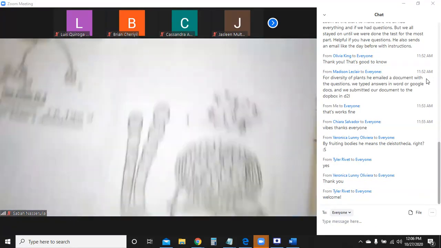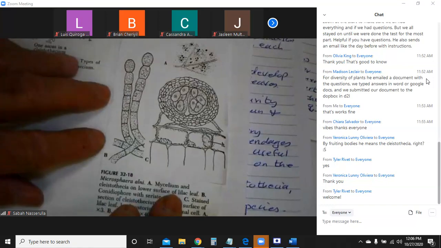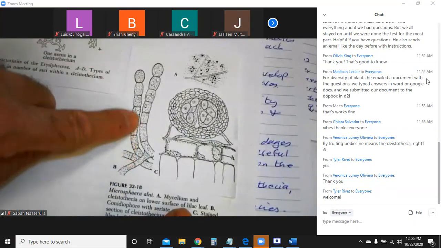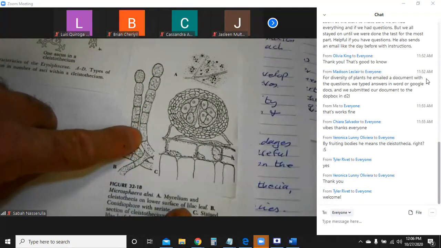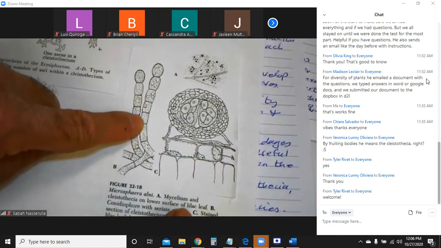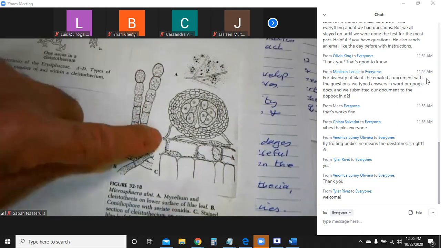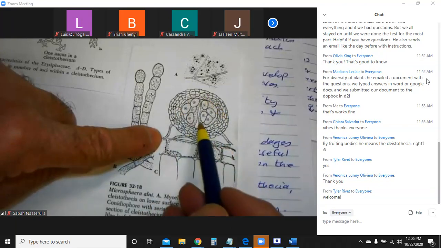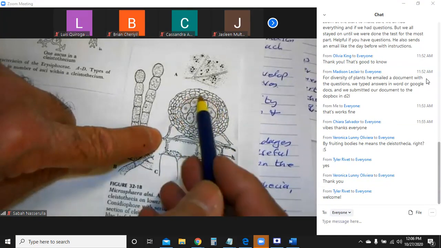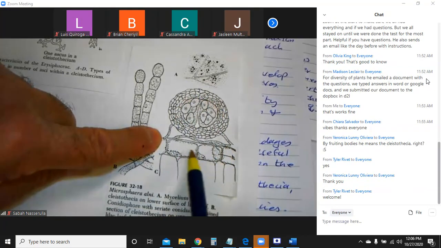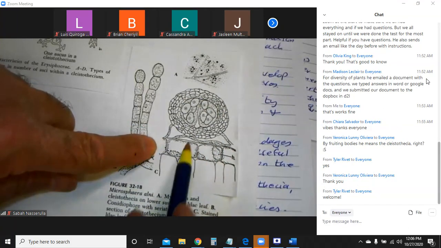And here we show you a combined picture. As a result of the asexual reproduction, you have the conidia in a chain, and this shows you the cleistothecia and how it is attached to the surface of the leaf with the appendages.